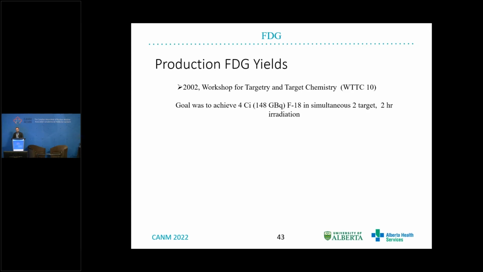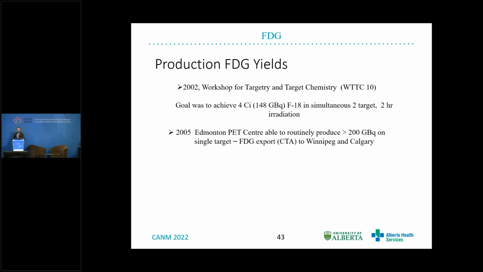At the same time as this, the FDG yields, or the F18 yields, in the last 20 years have gone up significantly. I think in the beginning of the 2000s, a lot of people still used silver targets, which are not the greatest. Now the industry standard is niobium targets.